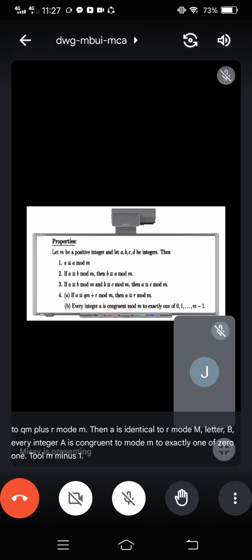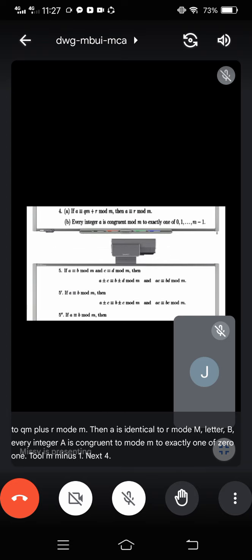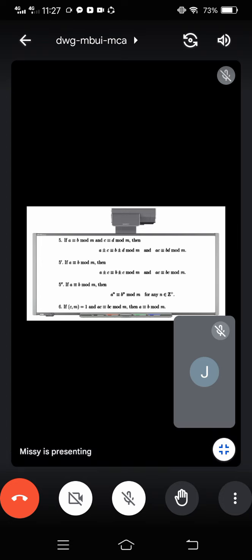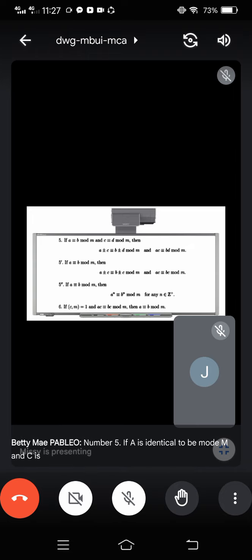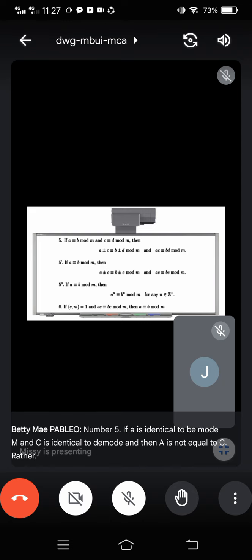Number 5, if a is congruent to b mod m and c is congruent to d mod m, then a plus c is congruent to b plus d mod m, and ac is congruent to bd mod m.